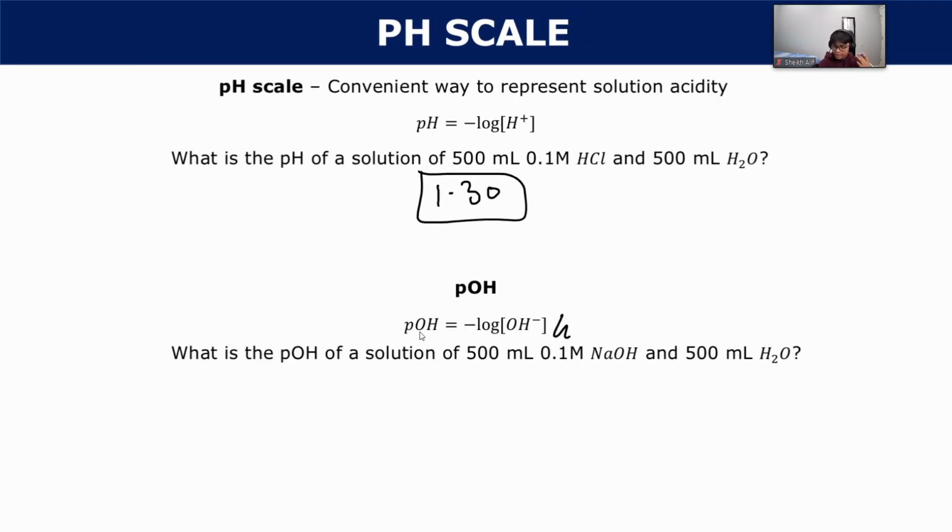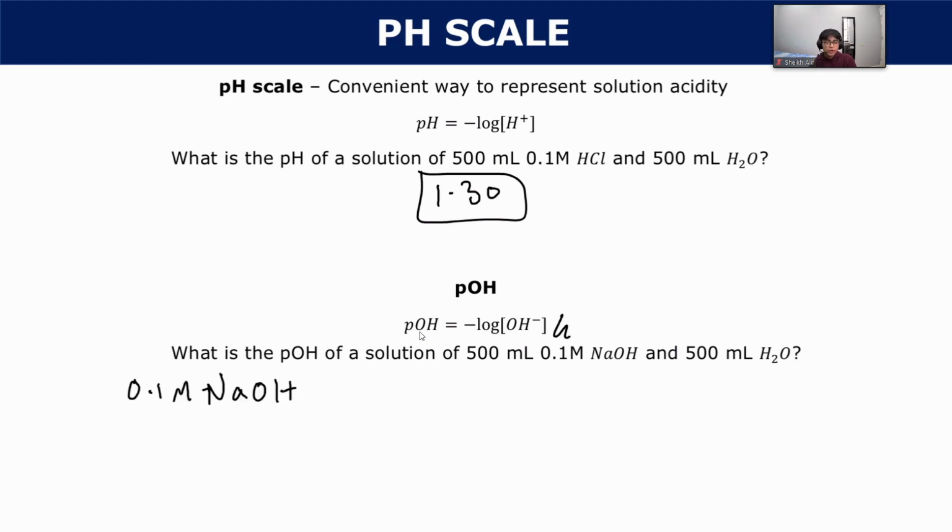We're asked, what is the pOH of a solution of 500 mil, 0.1 molar NaOH, and 500 milliliters of H2O? So again, let's take a look at what the concentration of the OH is going to be. We know initially we're going to have that 0.1 molar NaOH.